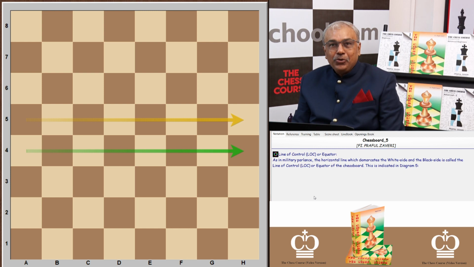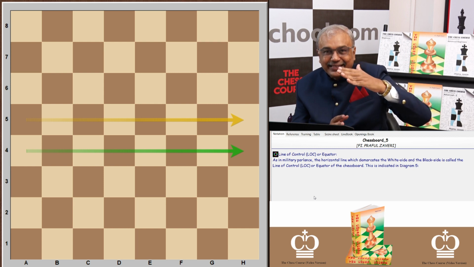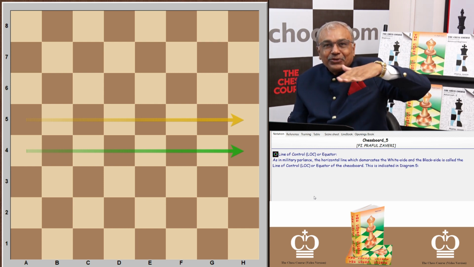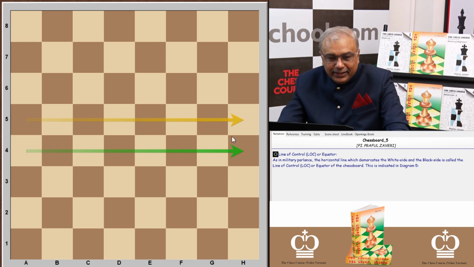Moving further, as we know the chessboard is a battlefield on which the war is fought. We have seen the white side and black side, so naturally we also have the line of control or the equator. As in military parlance, the horizontal line which demarcates the white side and black side is called the line of control or equator of the chessboard. You can see here these 4 rows belong to the white side, the entire 4 rows.